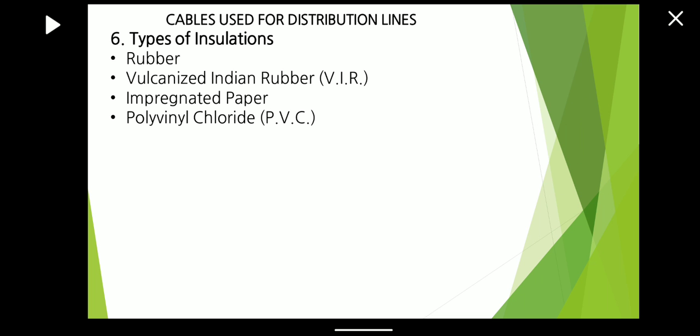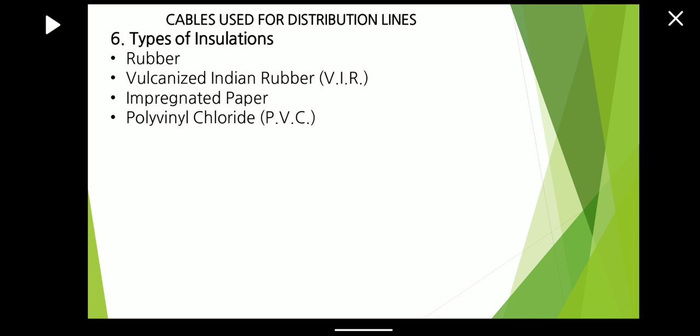Though it has good insulating properties, there are some drawbacks. It absorbs moisture, that means it is hygroscopic. Next, the maximum safe temperature is only 38 degrees Celsius. Then it is soft and not mechanically tough.